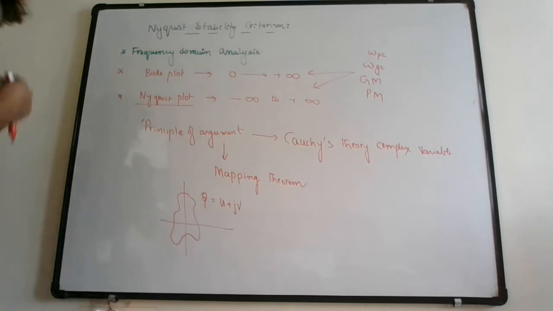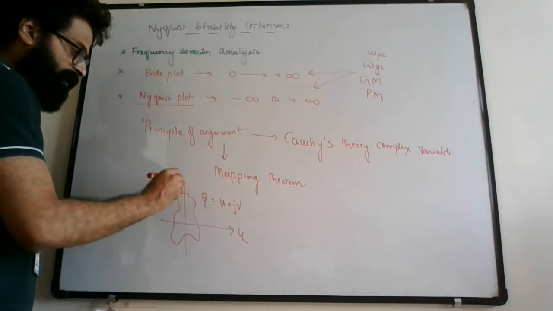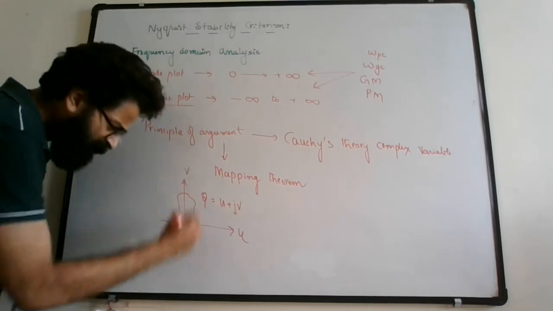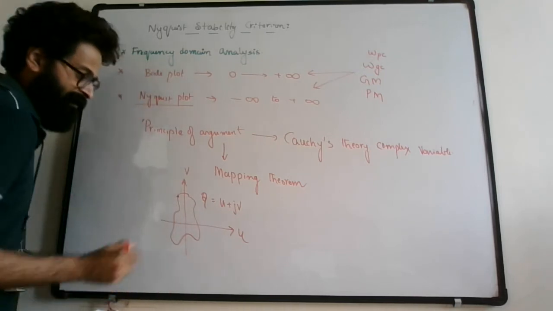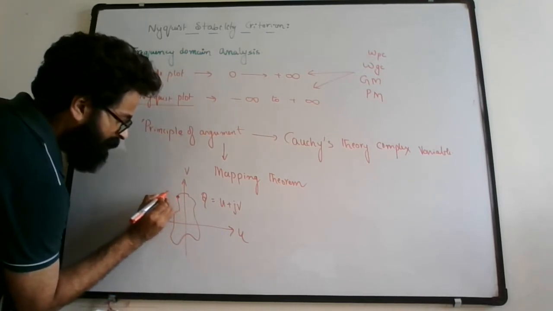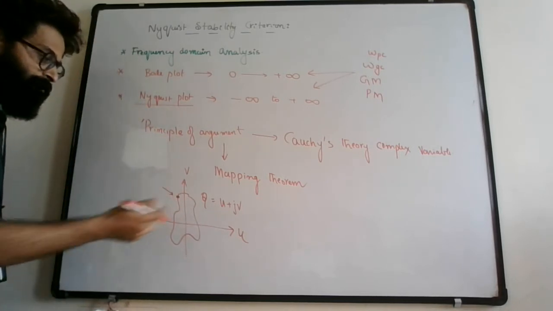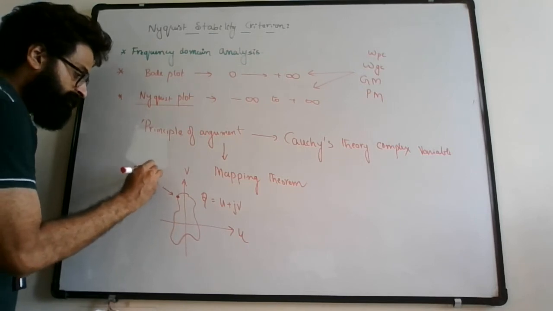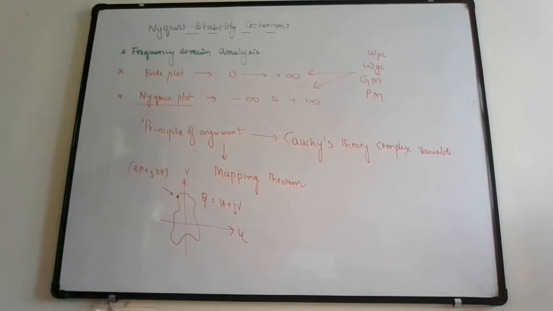All right. So what we can do is let's say this is your real axis and this is your imaginary axis. So in this contour, you can select several points. Let's say I take this point. This point will have some complex value, right? It will have some real part and some imaginary part, so j times the imaginary part I'm writing.